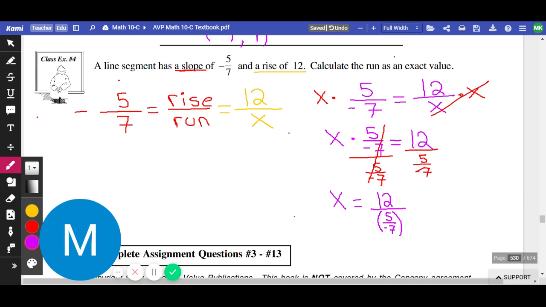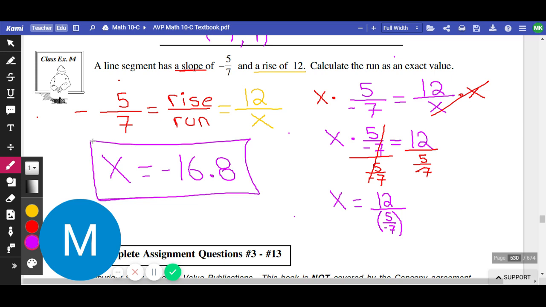If you don't put the brackets, your calculator will go 12 divided by 5 and then divided by 7. That's not what you want. You want 12 divided by 5 over negative 7. With the brackets around it, what do you get as your run? Negative 16.8. And that's exactly 0.8, right?